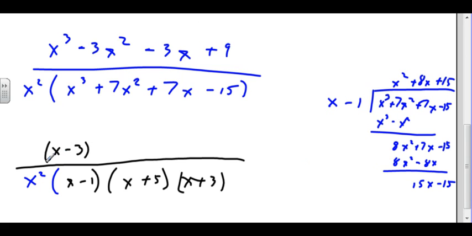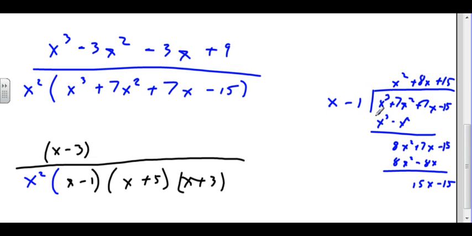And I've got, wow, what's that? All right, so x minus 3. I don't recognize the other two guys. 1.732050.